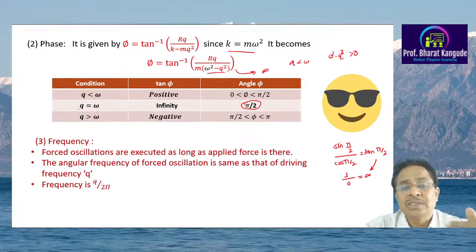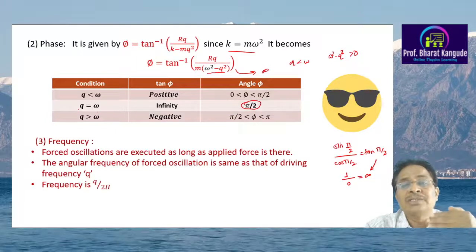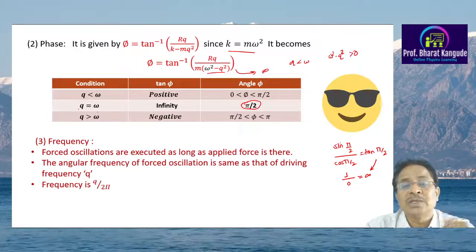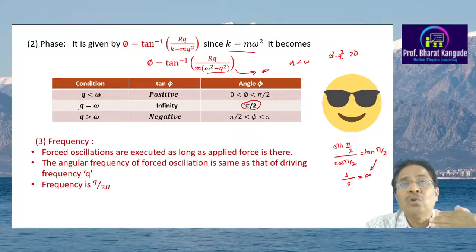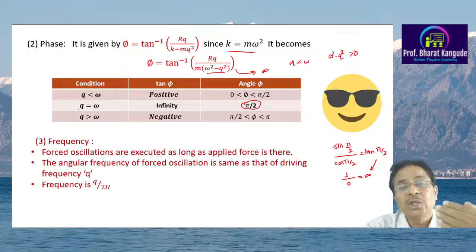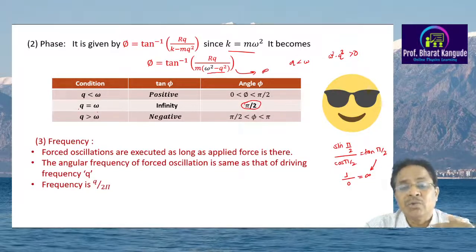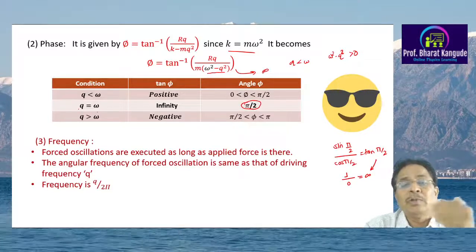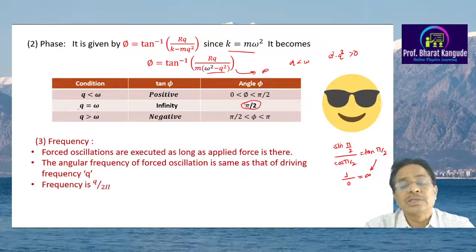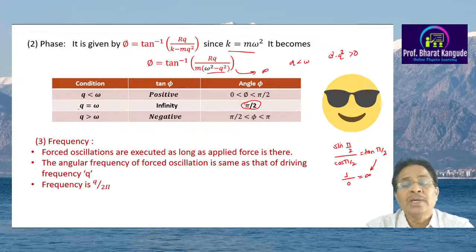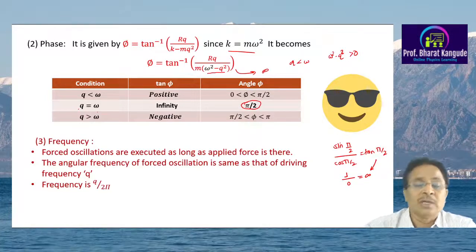We have also seen how to go for phase determination between the driving force and the motion of the oscillator. The phase can be anything from 0 to pi, depending upon the relationship between q and omega, whether the driving frequency is less than the natural frequency, equal, or more. So these simple primary things related to this type of oscillator we have discussed here.